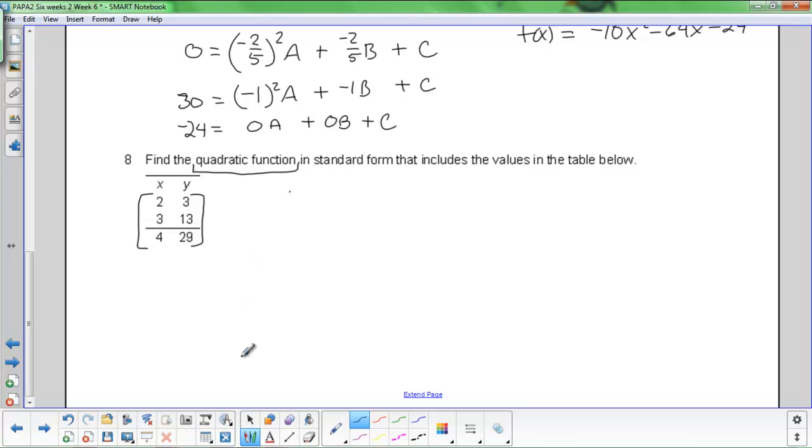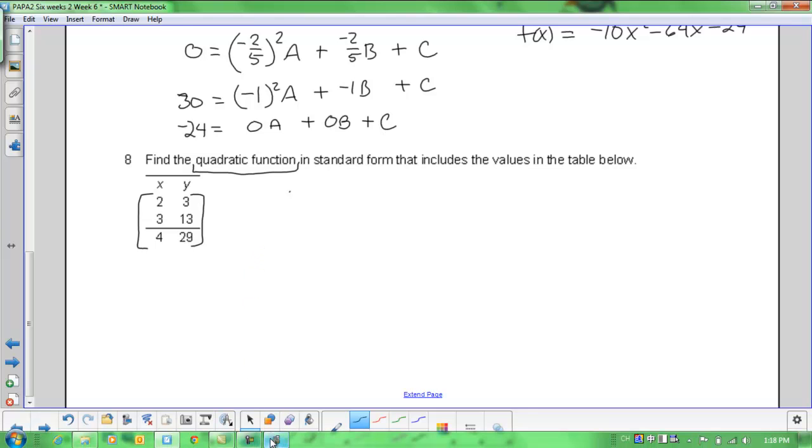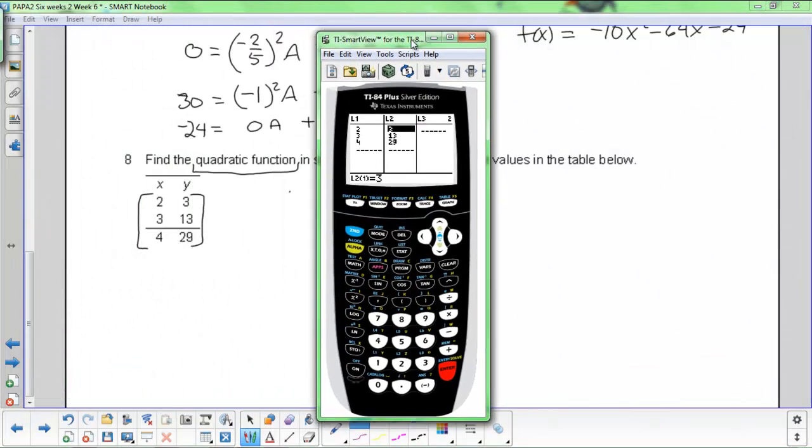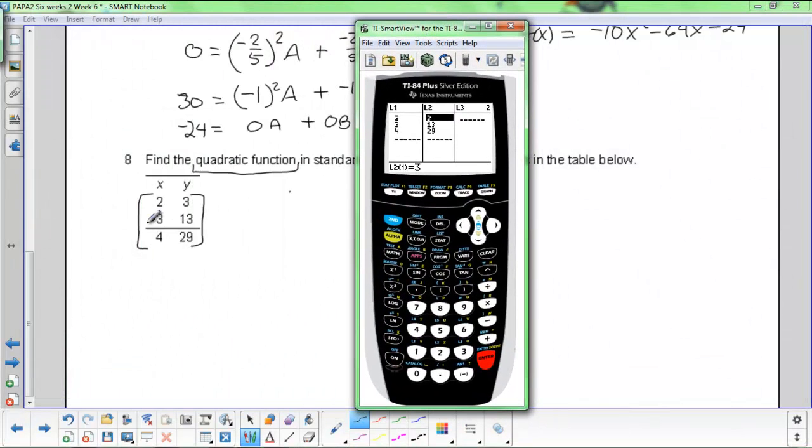So you want to go to your calculator, stat function, go to edit, and enter in your ordered pairs. Once you've entered in your ordered pairs, you are going to hit your stat key once again, go to the right and find your calculate screen. Linear regression was number 4.